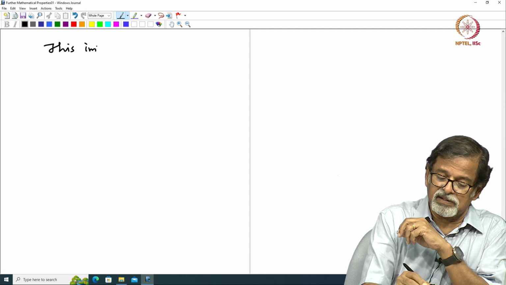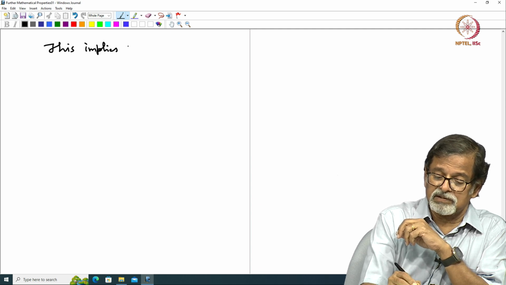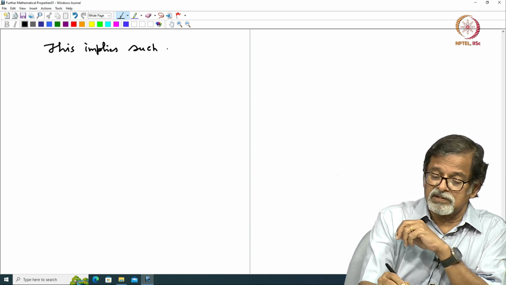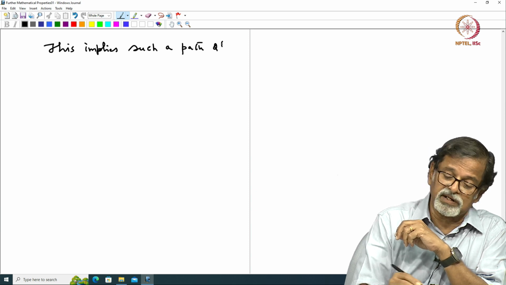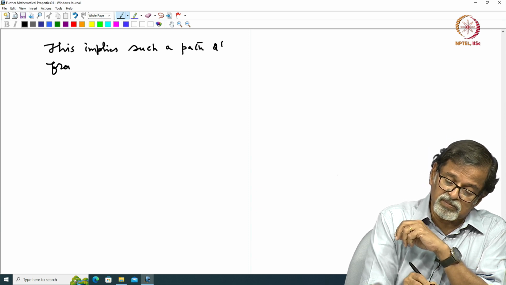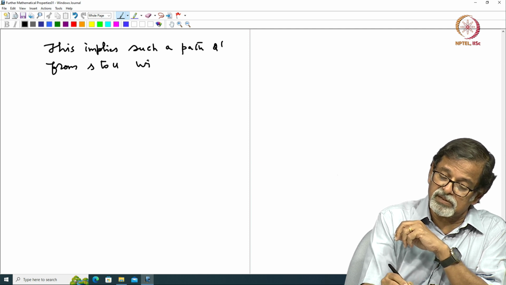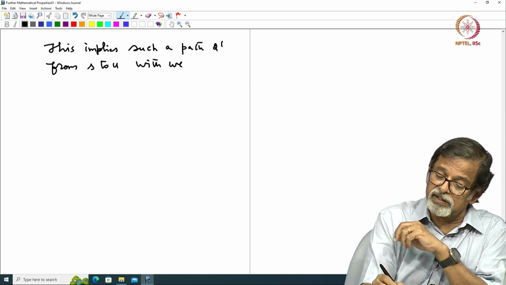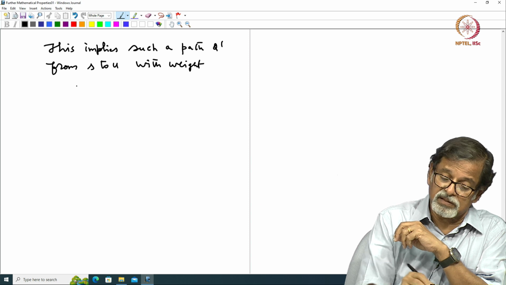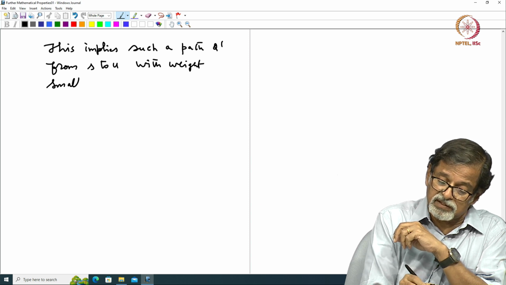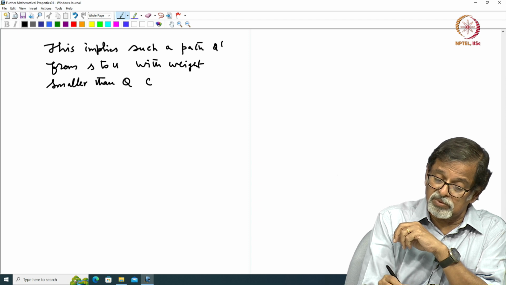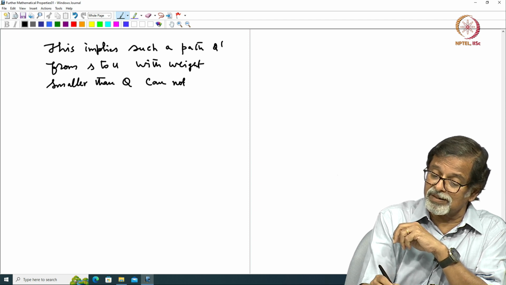This implies such a path q dash from s to u with weight smaller than q cannot exist.